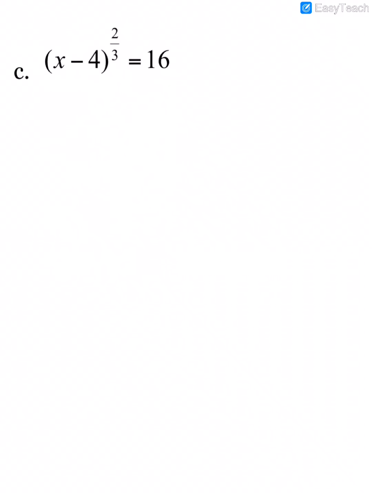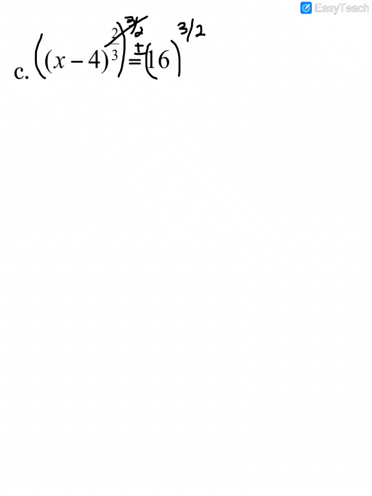All right, what is being raised to the rational exponent here? It's the whole x minus 4. So it's already by itself on one side of the equation, and my next step would be just to raise it to the reciprocal power. So I'm going to raise both sides to the reciprocal power, which would be 3/2. And since my denominator is even, I need to put plus or minus in front of my number.